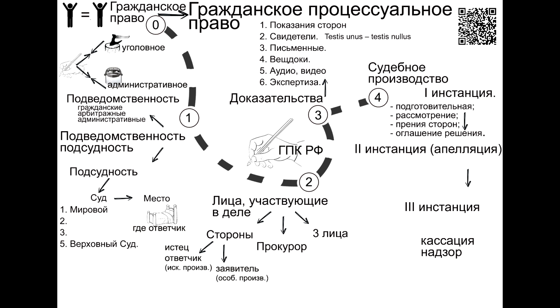The jurisdiction of civil cases can be of the following types. 1. By subject matter, by competent court: jurisdiction of justices of the peace, district courts, courts of the Russian Federation, of the Supreme Court, the most extensive competence being that of district courts in relation to others according to special instructions of law. 2.